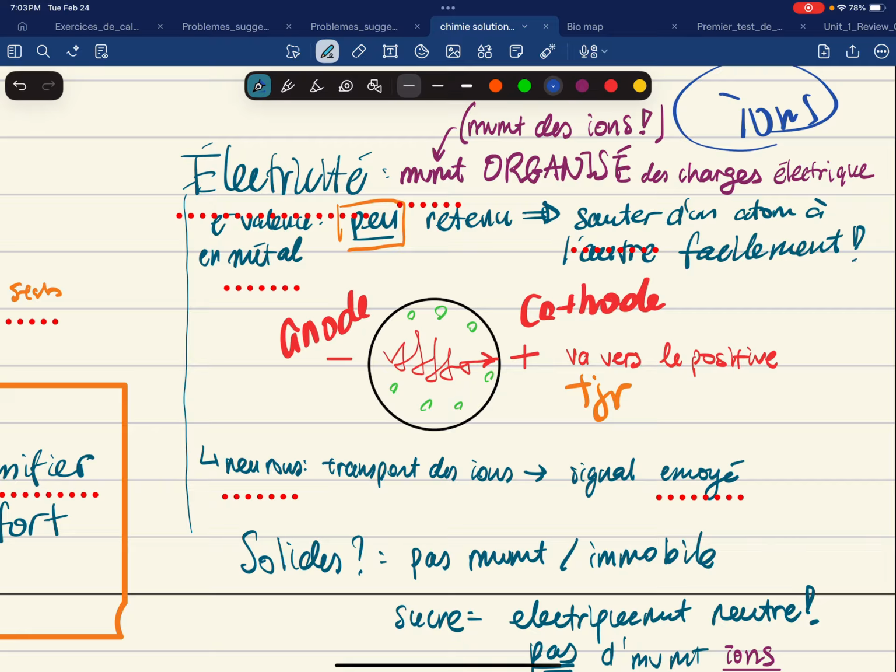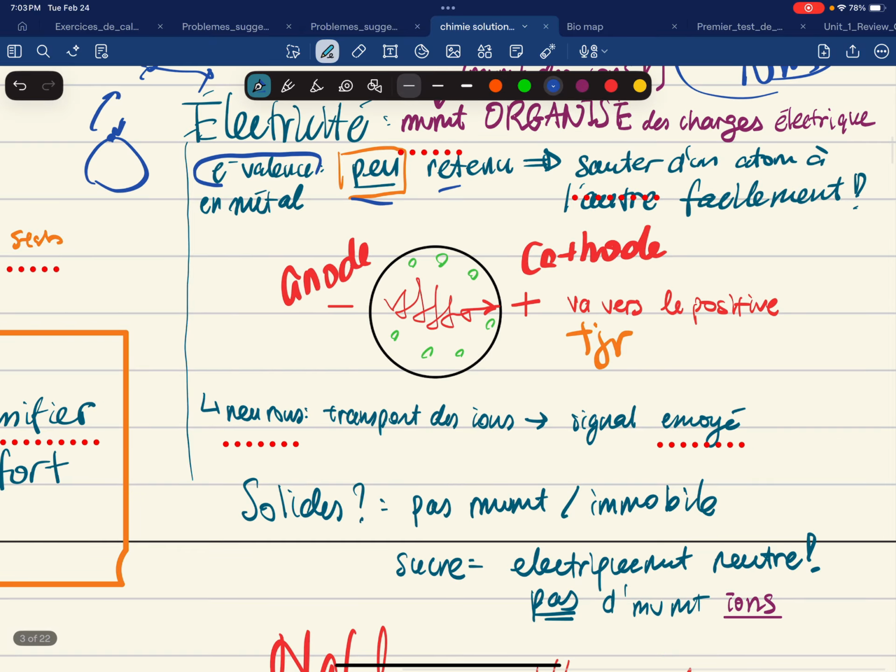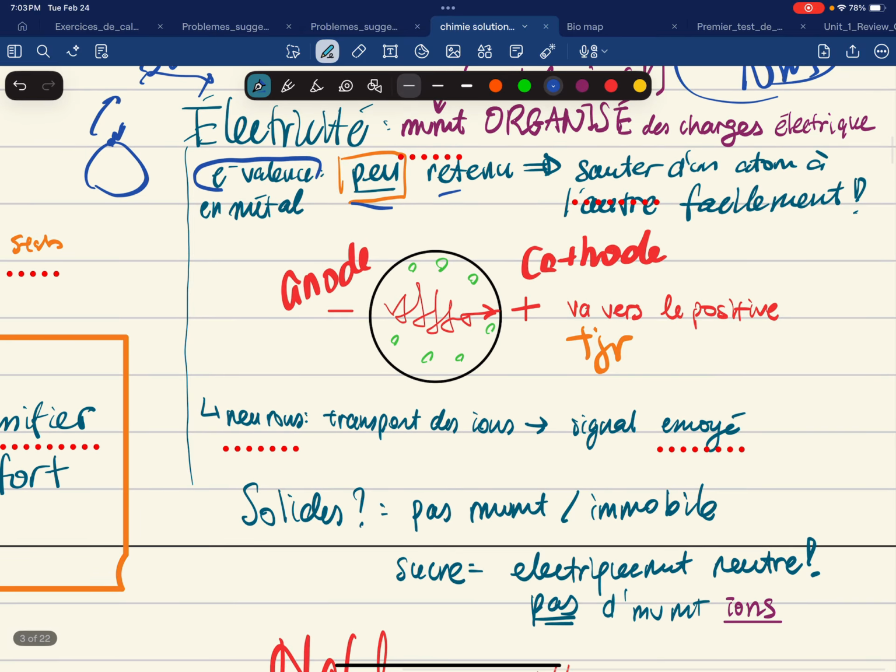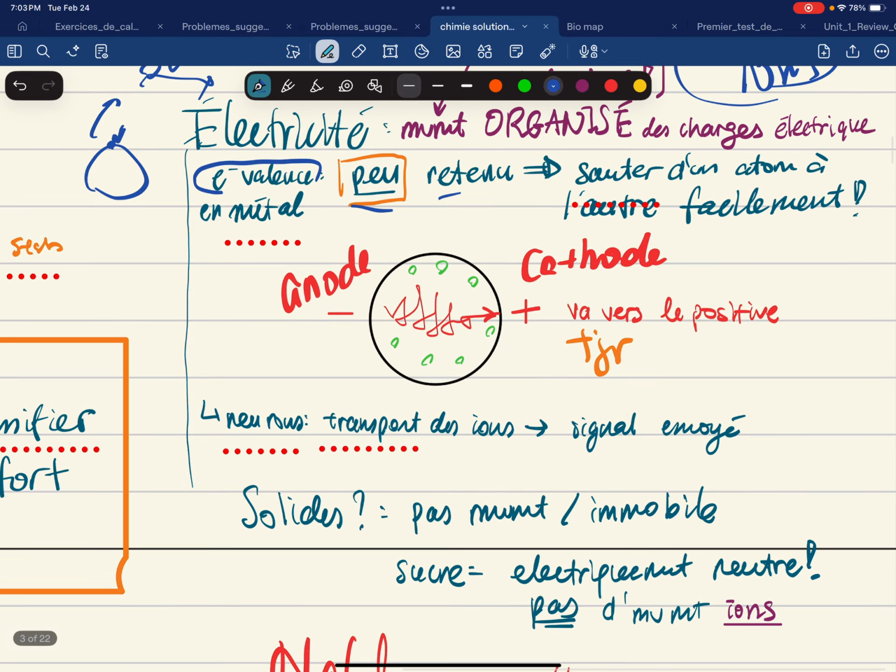Et ce sont des électrons de valence peu retenus, donc peu tenus sur leur axe, qui vont sauter et aller facilement à un autre métal. Is it only to metal?